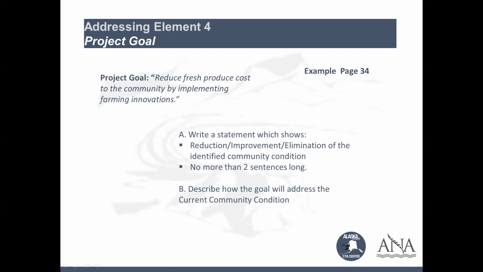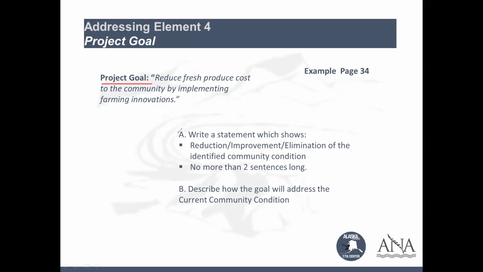So you want to write a statement, you want to call it out, and then write your statement. So this example's project goal is to reduce fresh produce costs to the community by implementing farming innovations.